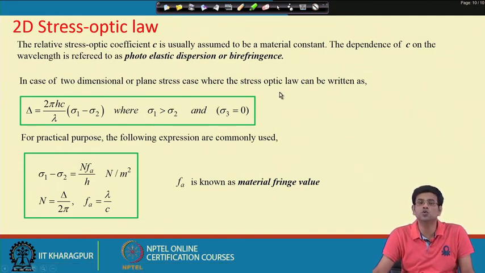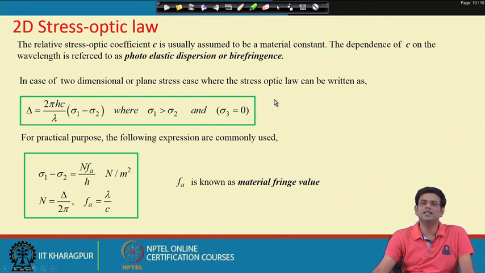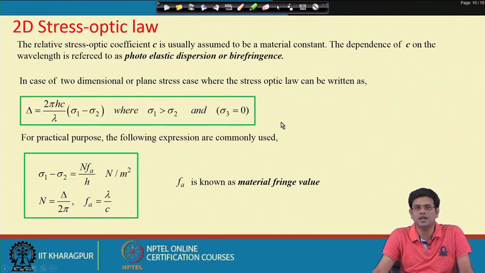This is due to the birefringence property, or temporarily doubly refractive property, of the photoelastic material. When the material is unstressed, it behaves as isotropic in optical property.